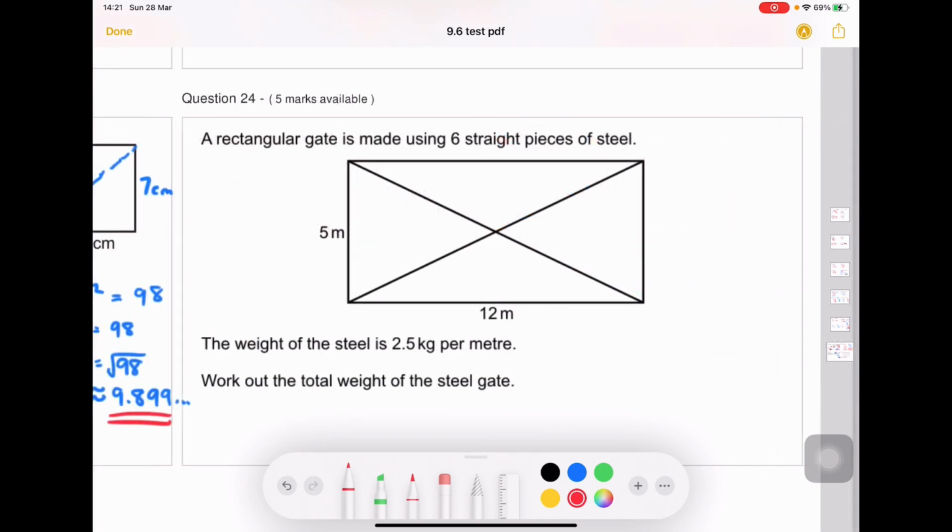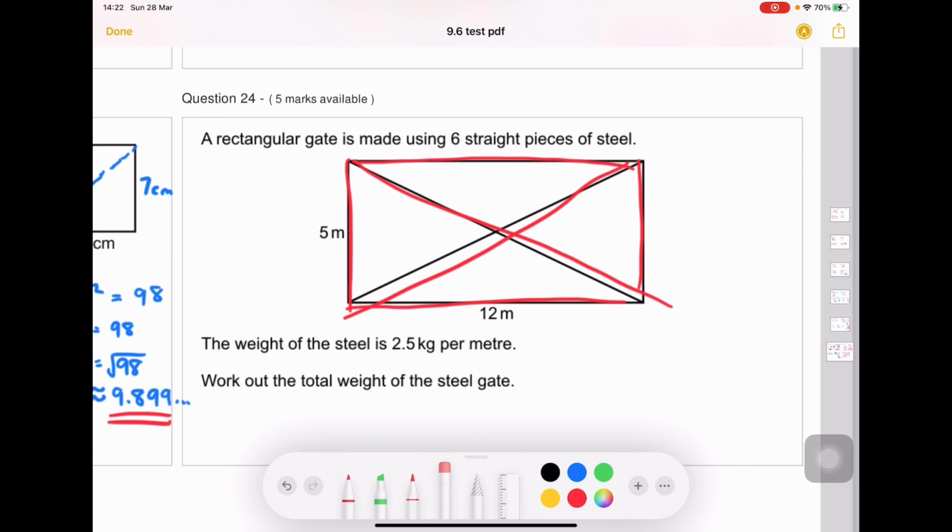Let's read question 24. It says a rectangular gate is made of 6 straight pieces of steel. So we have one piece here, 2, 3, 4, 5 and 6 going through the middle.